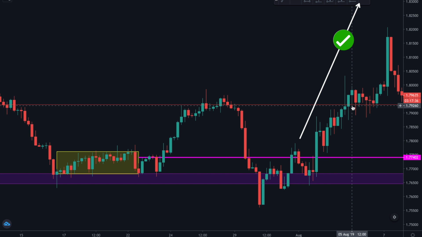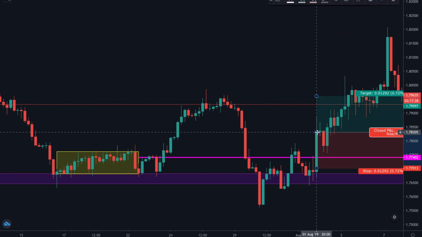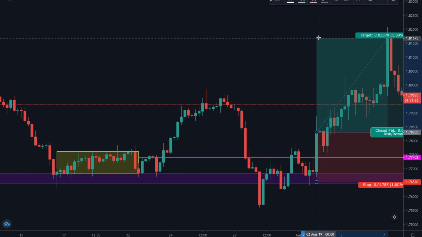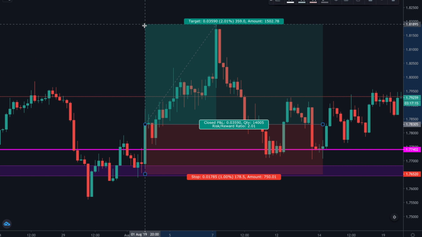You could also use a lower time frame for an entry. But for now, let's do this on the 4-hour time frame. As you can see, we enter right here with stops right below this breakout candle and go 2 for 1. And as you can see, boom.